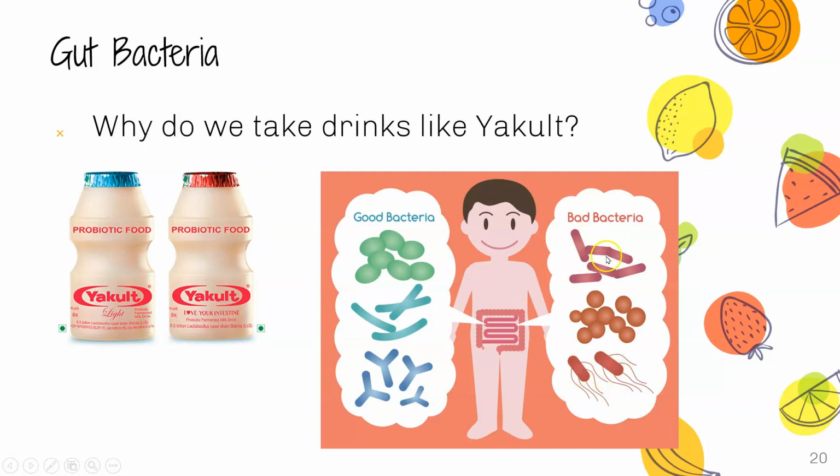These bad bacteria may cause diseases like diarrhea or even colon cancer. So when we drink probiotics, we are helping the good bacteria to win. Like there's a war between the good and bad bacteria. When we add more good bacteria, we're helping the good guys to win, and hopefully that will make us healthier.